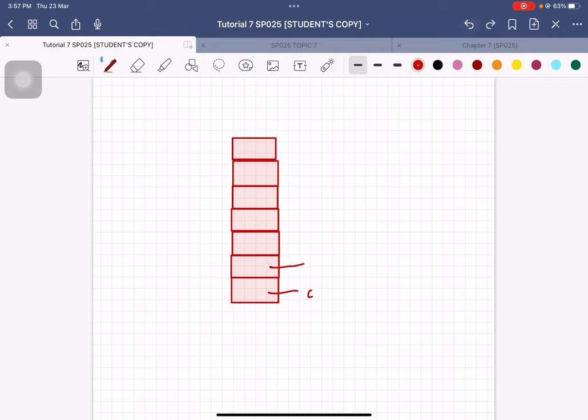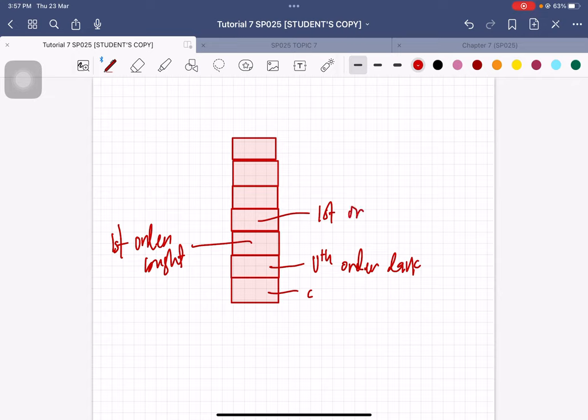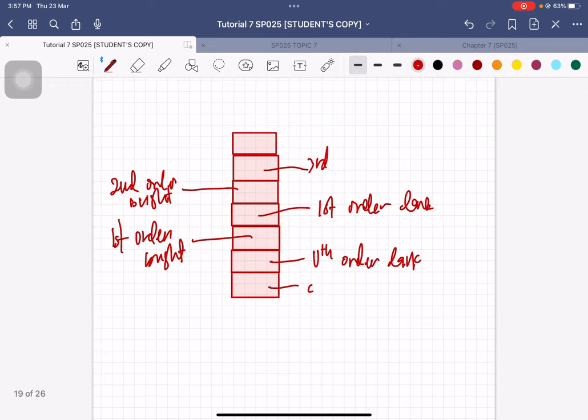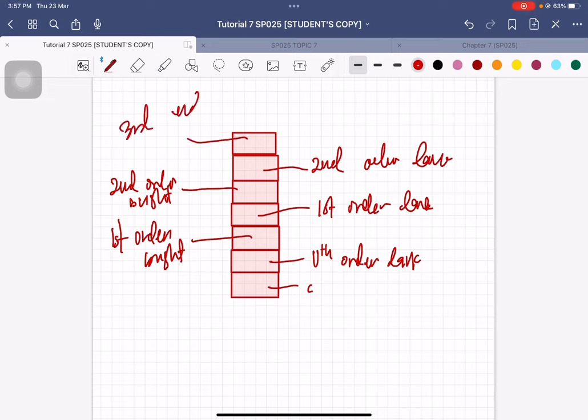Oh no, we use order. First order dark, and then first order bright. This is first order dark. Second order dark. Bright, sorry. Bright. And then this is second order dark. This is third order bright.